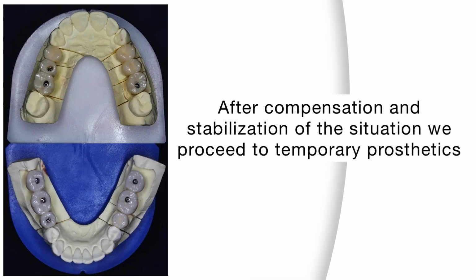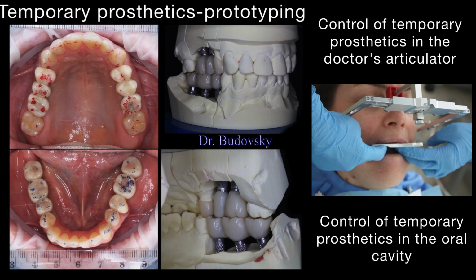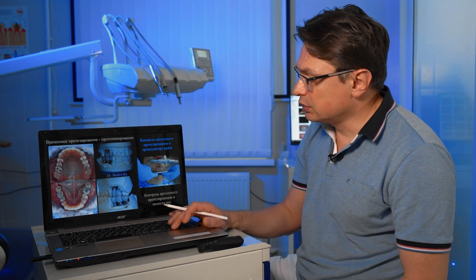So we have already advanced quite far, we have reached temporary prosthetics, we can take impressions and send our work to the dental laboratory to manufacture the temporary crowns. It is clear that the laboratory must be of a sufficiently high level, a very good laboratory. We send this work to another city so that everything would be very, very good.